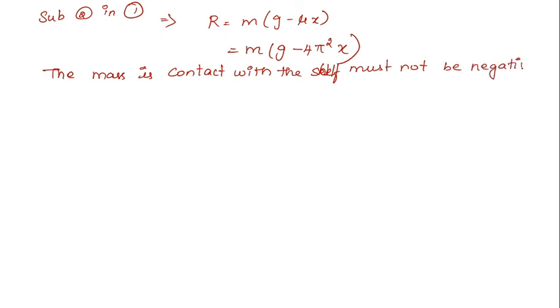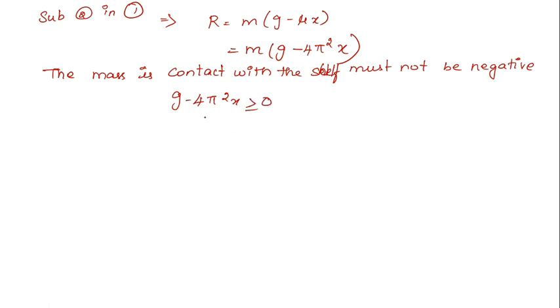So the remaining term must not be negative. R is greater than 0 and mass is greater than 0, so we consider only the remaining term. So g minus 4 pi square x is greater than or equal to 0.